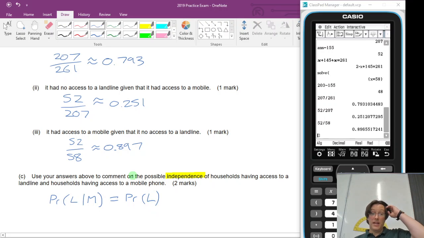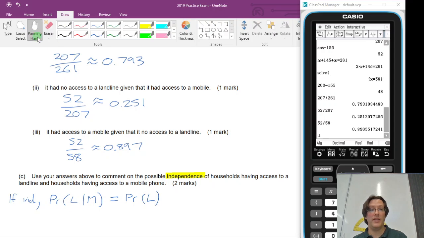So basically, having a mobile phone does not affect it. So if independent, probability of a landline given a mobile is equal to the probability of having a landline.